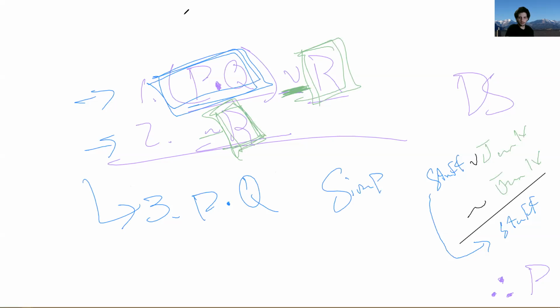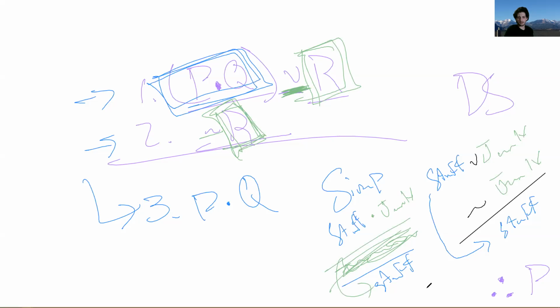And so the simp rule says if you have stuff and junk, well, you actually don't even need anything else. If you have stuff and junk, just that line, well, you can just go right to just saying stuff.